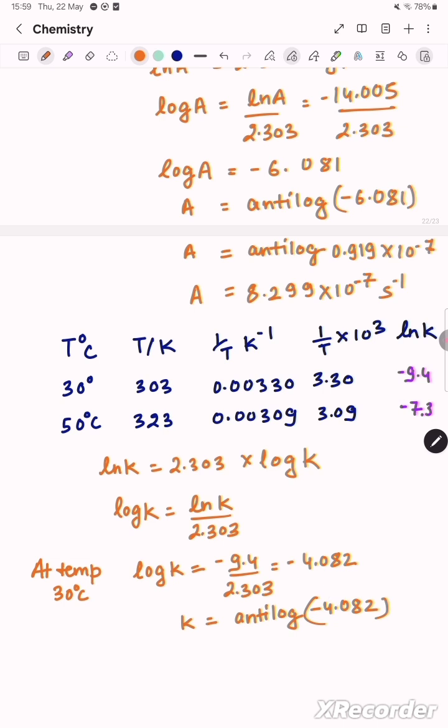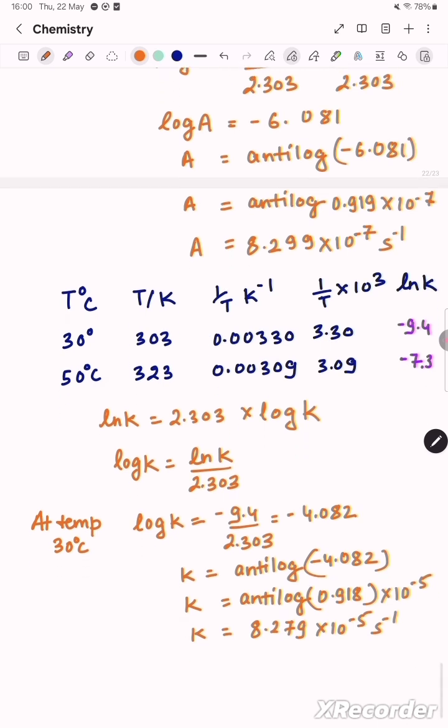After taking the antilog of minus 4.082, this will become antilog 0.918 multiplied by 10 to the power minus 5. After solving, the k value will become 8.279 multiplied by 10 to the power minus 5 per second at temperature 30 degrees Celsius.